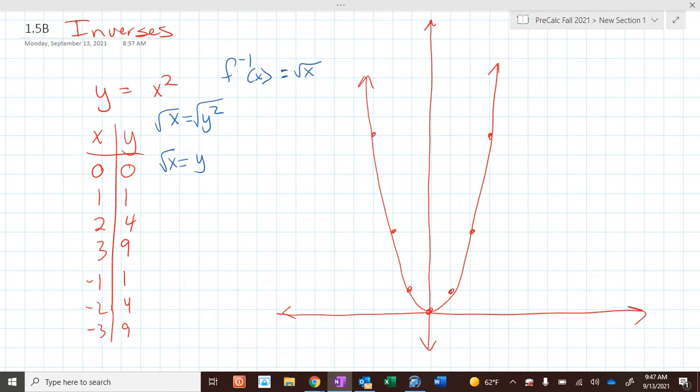Now, a way to find the inverse from a graph is, you see how we switched around y and x here? Well, you just switch around y and x here. So 0, 0, 1, 1, 4, 2, 9, 3.